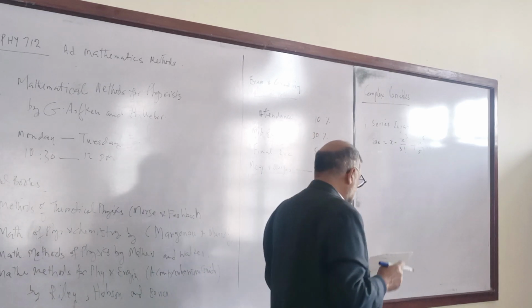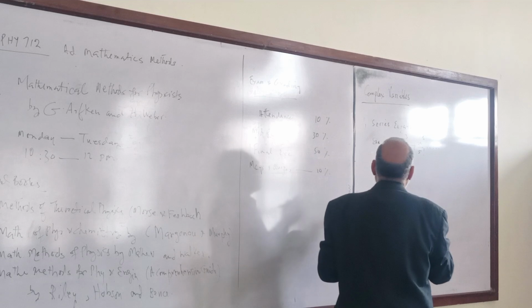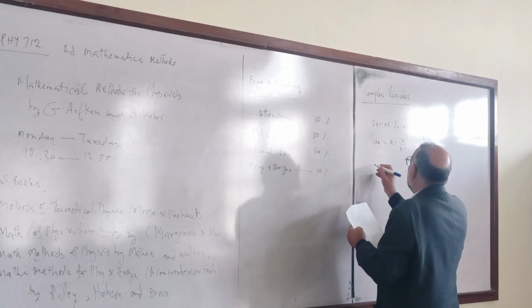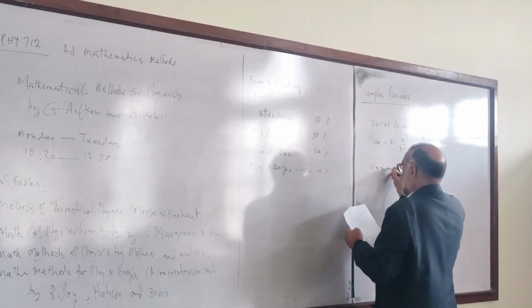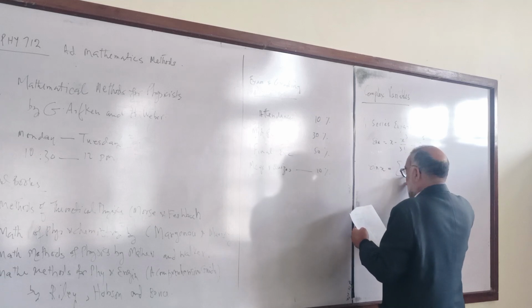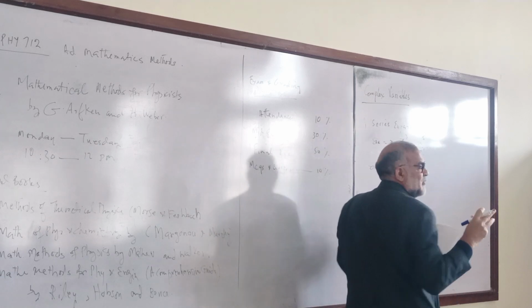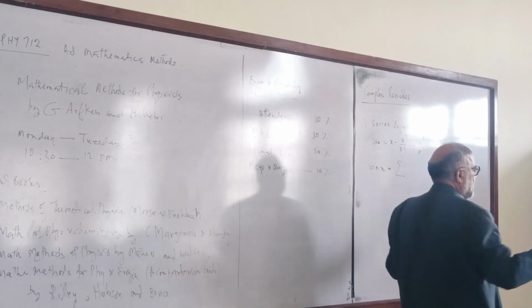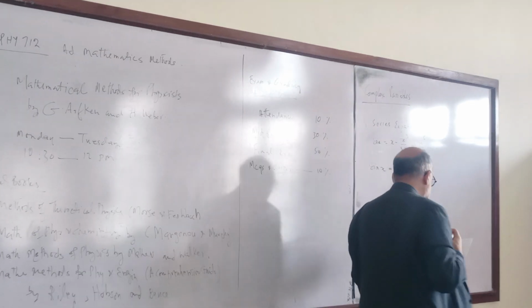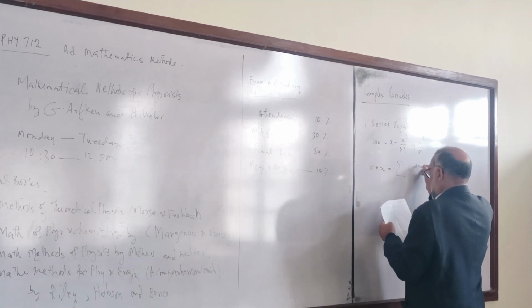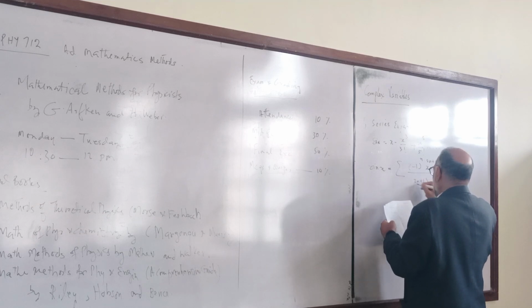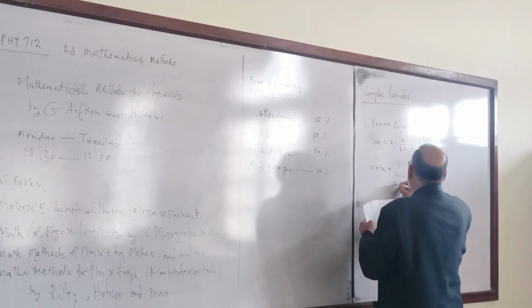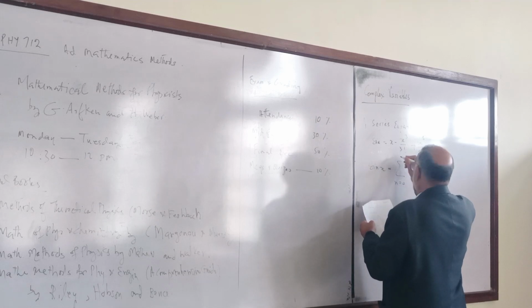Right? Or if we write this in a symbolic form, we say sine of x is equal to the summation, instead of writing a whole line, of minus 1 to the power n, x to the power 2n plus 1, divided by (2n plus 1) factorial, n from 0 to infinity.